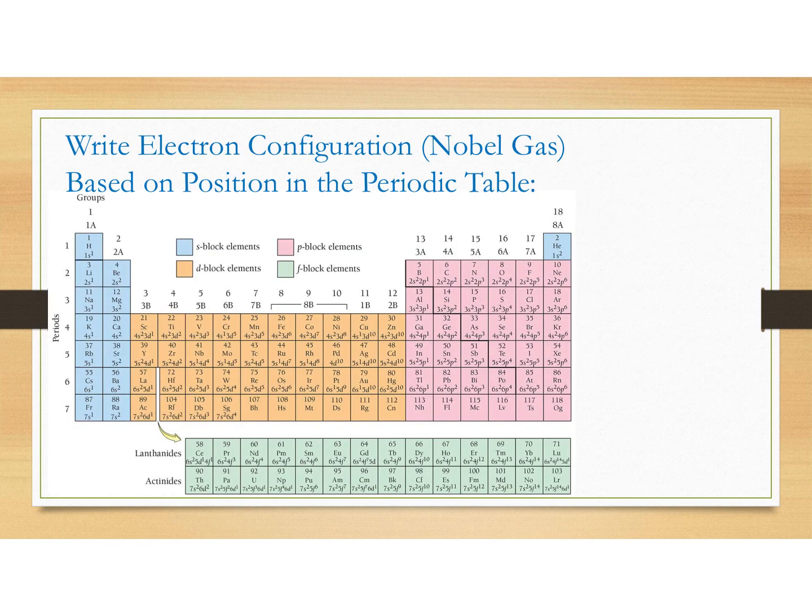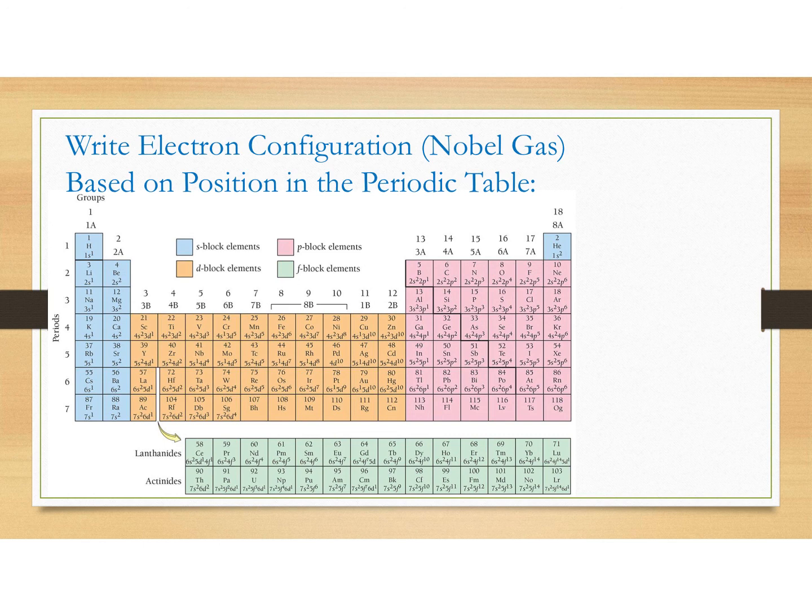So here's another example of a periodic table that you might come across where they actually have the configurations in the squares. This helps you when they're asking you to determine the electron configuration based off of a noble gas.